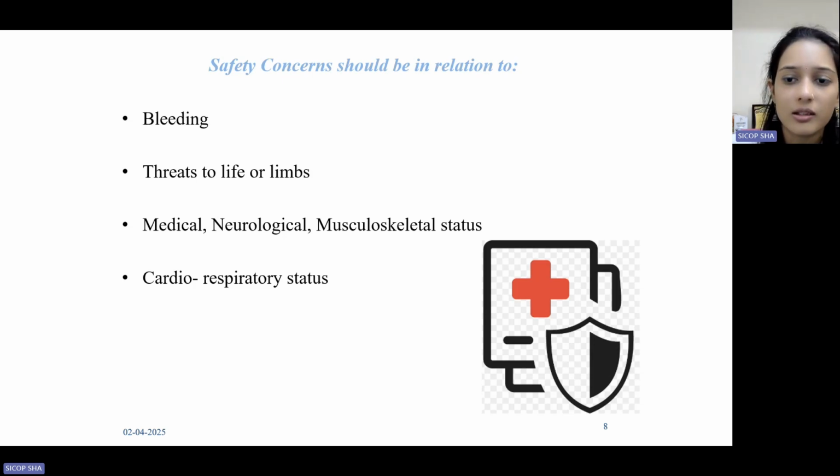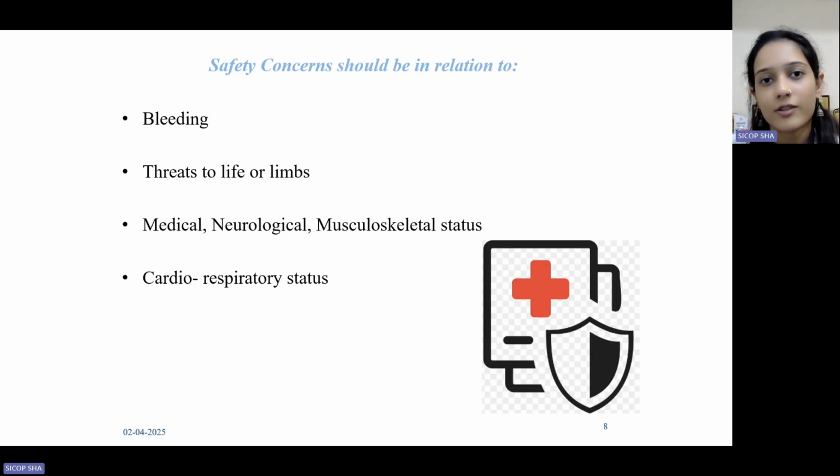For limb threats, immobilize the fracture or dislocation using a splint or supportive bandages. Check for a vascular component in that limb: is the pulse intact, or is pallor or paresthesia present? Refer the athlete immediately to the appropriate medical body.